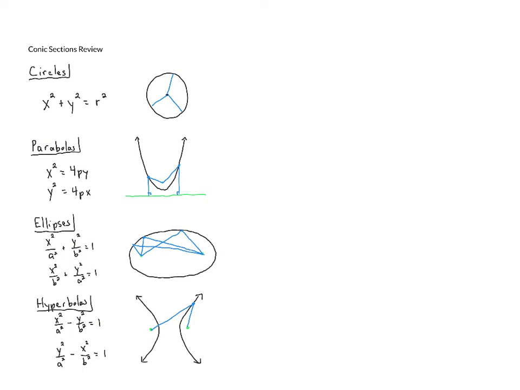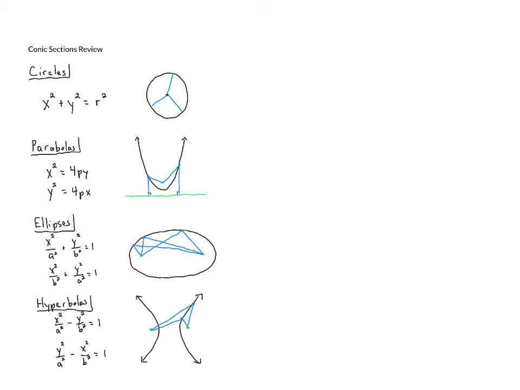So if we were to pick another point and we were to look at those distances and take the difference of those distances, the difference of these two distances will be the same as the difference of those two distances.